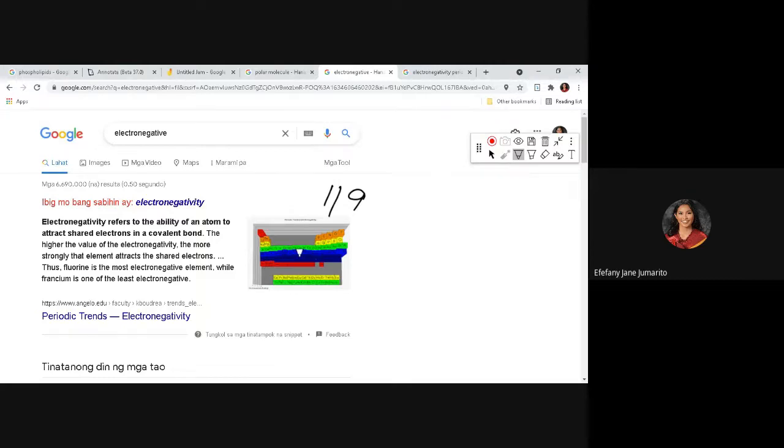They are your elements. So if we have 119 elements in your periodic table, there are also 119 atoms.